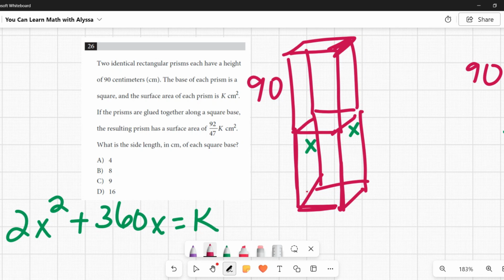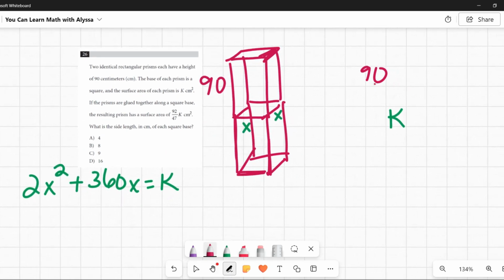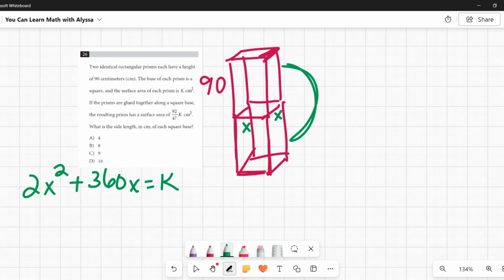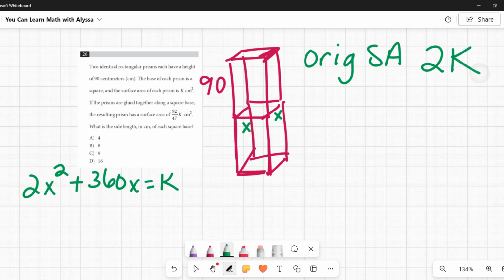Okay, now here's something else we're going to think about. When these two were separate, what was their total surface area? They each had a surface area of k. So together, the original surface area was k plus k, or 2k. Now they're glued together, and what has happened?